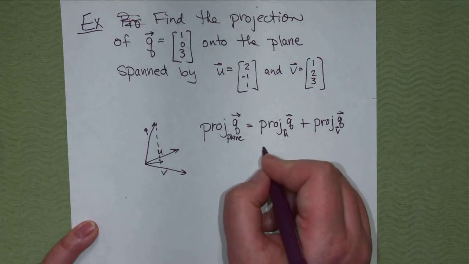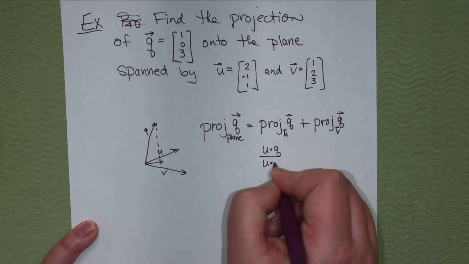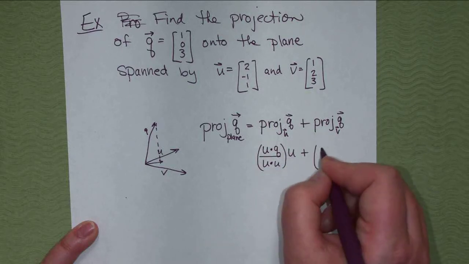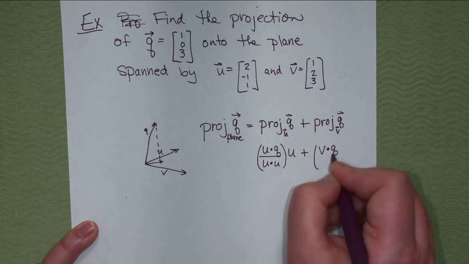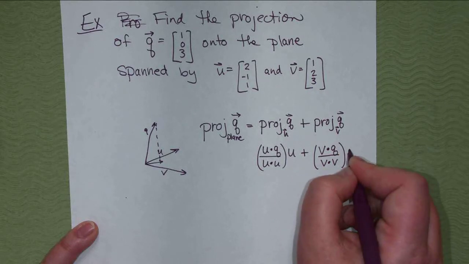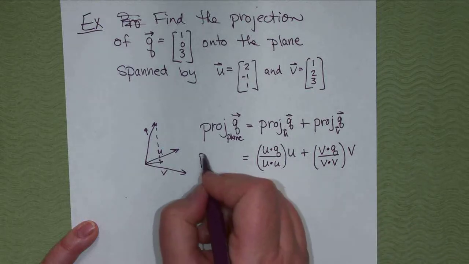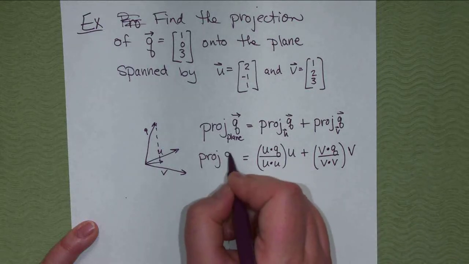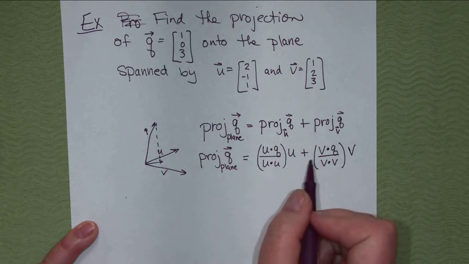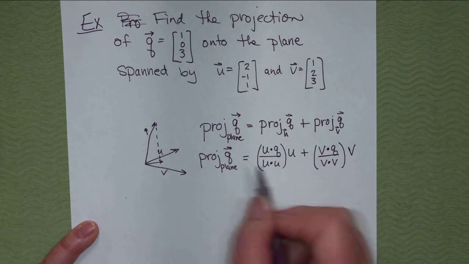So this would be U dot Q and the question in the book that I assigned ask for a linear combination.